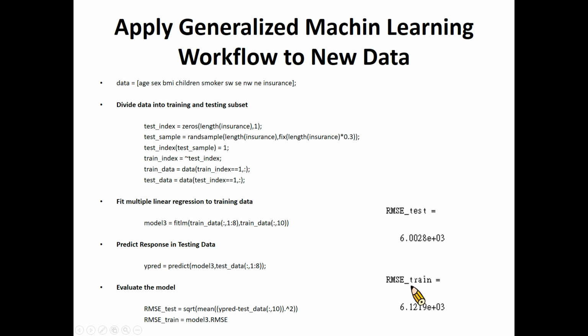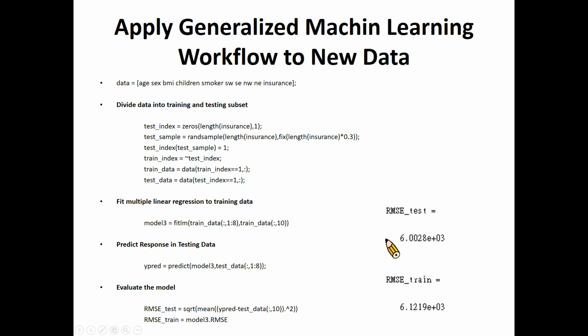Here you can see the result is that the root mean square error is around $600. That is much smaller than what we have in the simple linear regression. It means that when we include more variables, the model can fit this kind of data better, so the error is smaller than when you include only one variable.